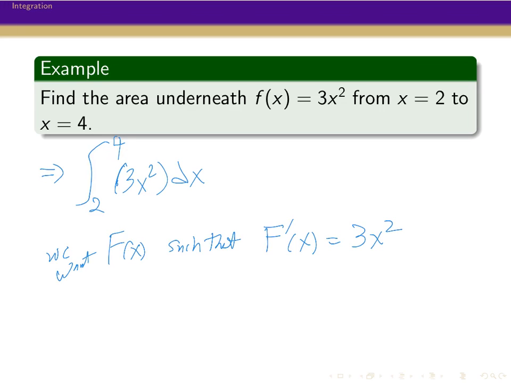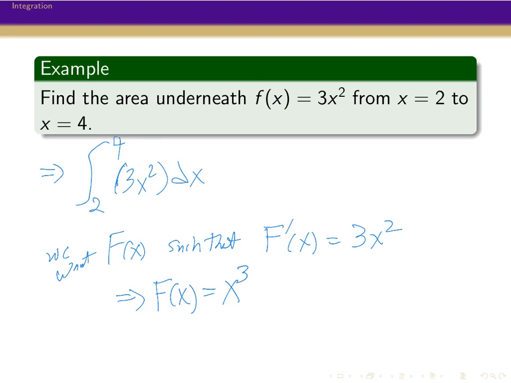Looking at this, I tried to set it up so this could be something you could come up with fairly quickly. What function, when you take the derivative of it, gives you 3x squared? One such function that works is F of x equals x cubed. You can double check by the power rule. When you take the derivative of x cubed, the 3 comes down, and we have 3x squared.